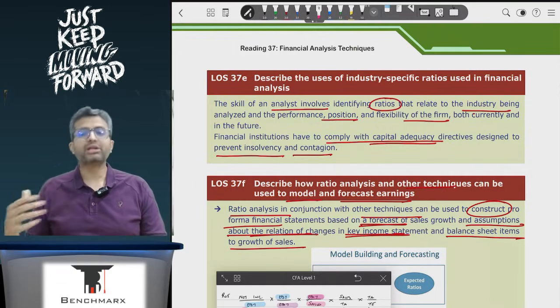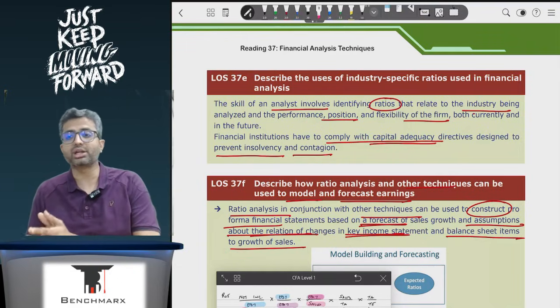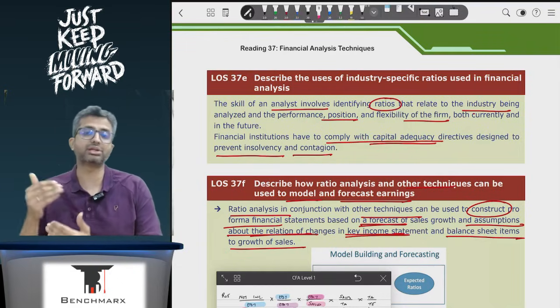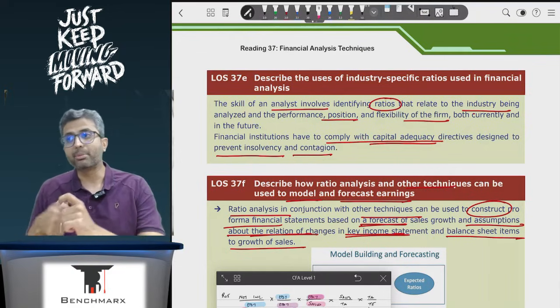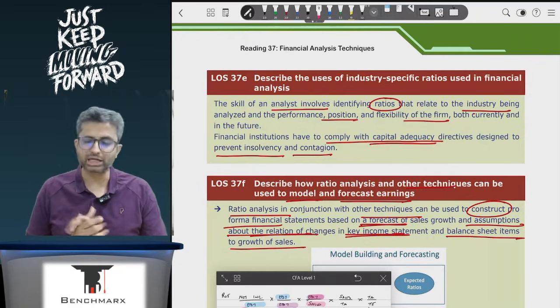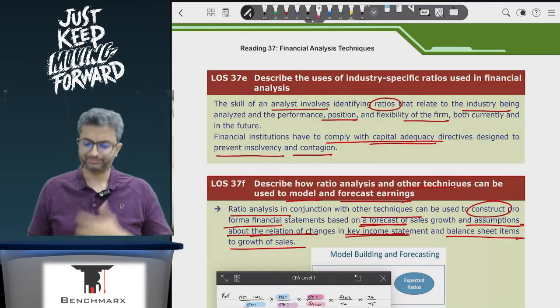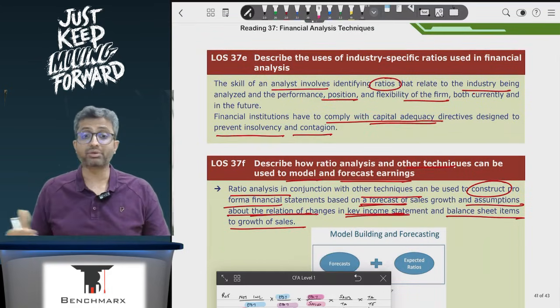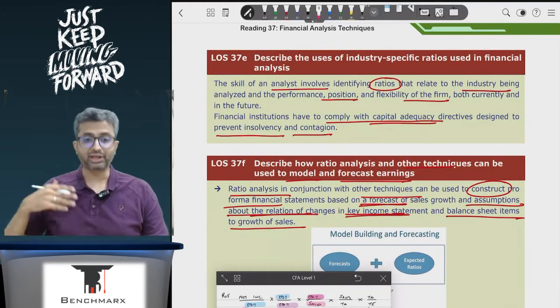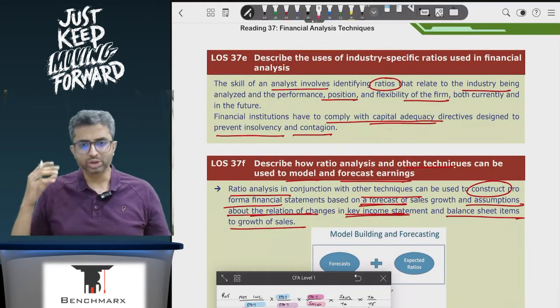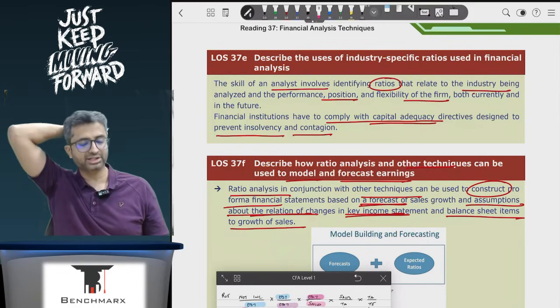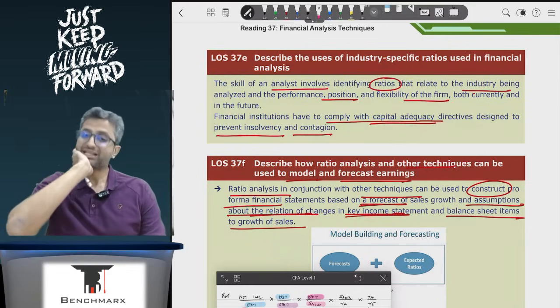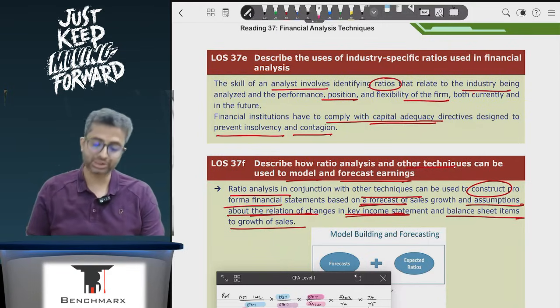So these are unique to that industry, and hence if you are an analyst, you have to understand the features of the industry quite well to understand which is the appropriate ratio for that industry. In banks you have non-performing assets, capital adequacy, etc. So you need to have sector knowledge, and you can use that sector knowledge to select ratios which are useful for those industries.